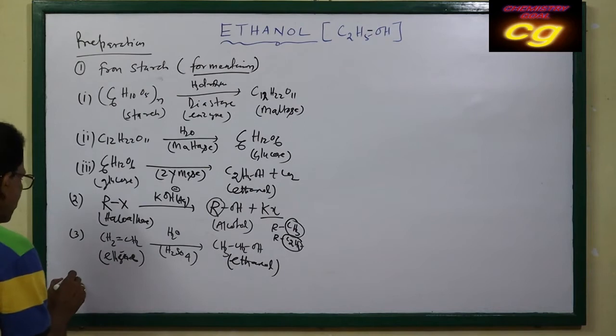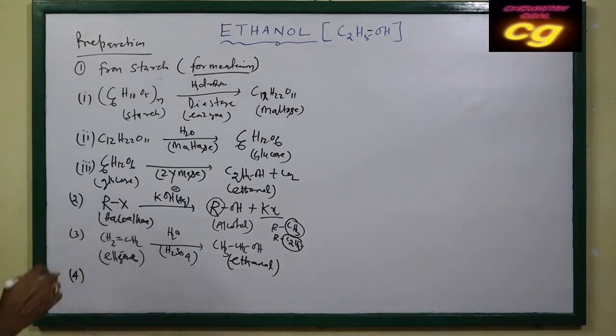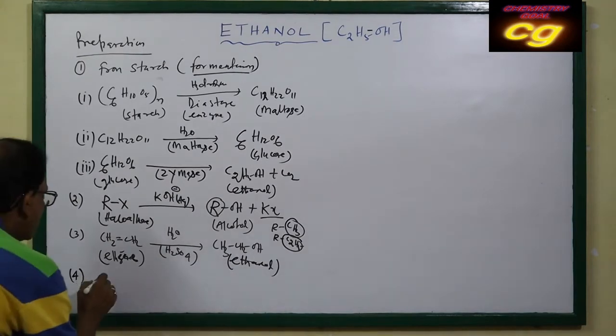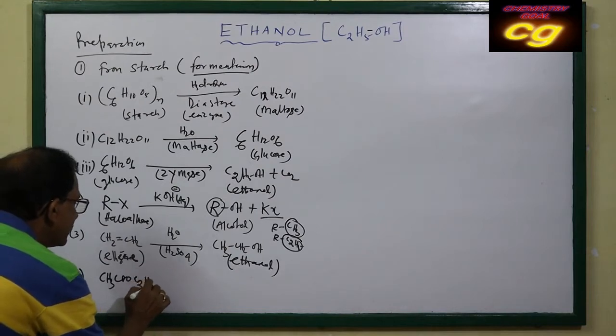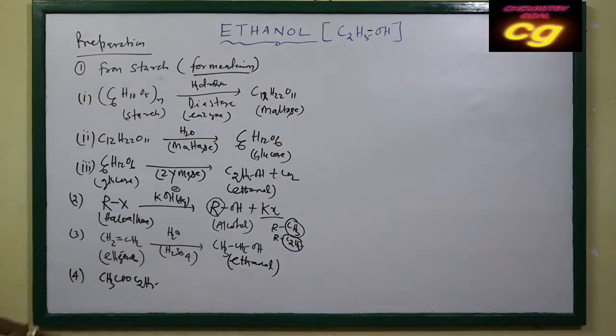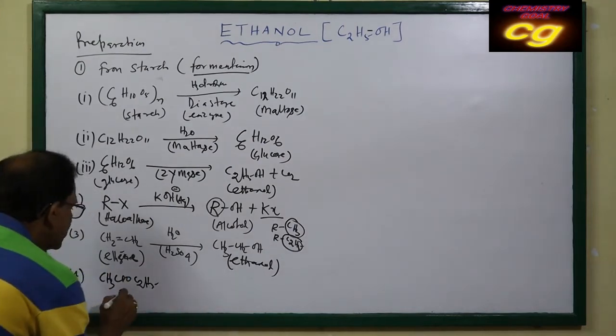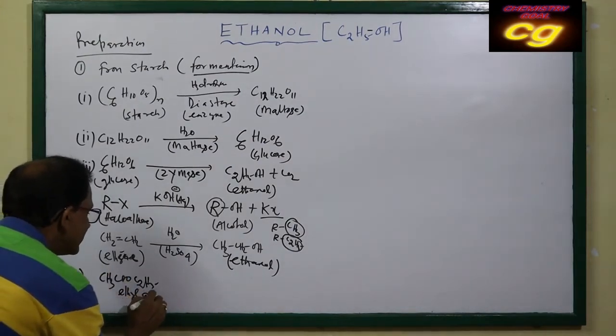And alcohol can also be prepared from ester. How? If you take one ester, CH3COOC2H5, this is called ethyl acetate.